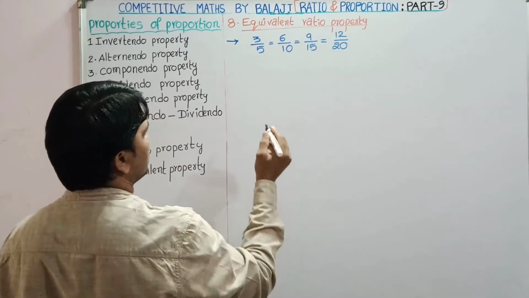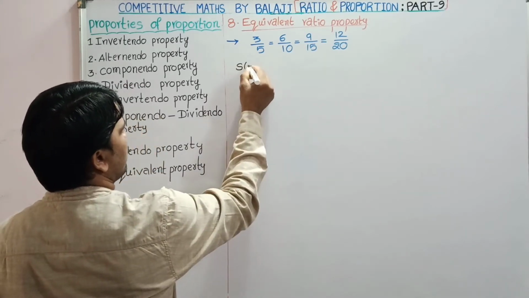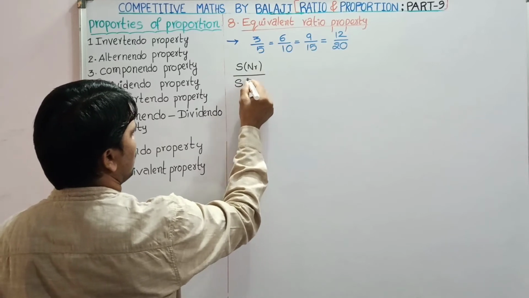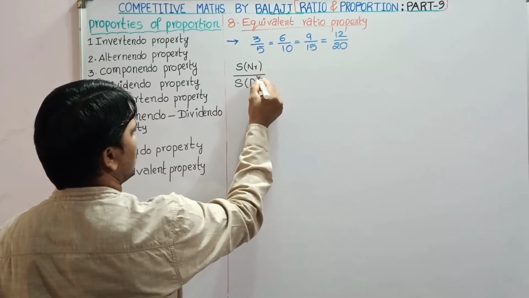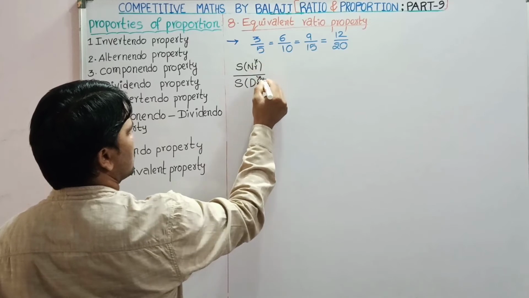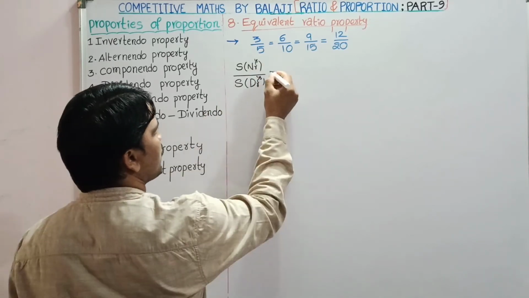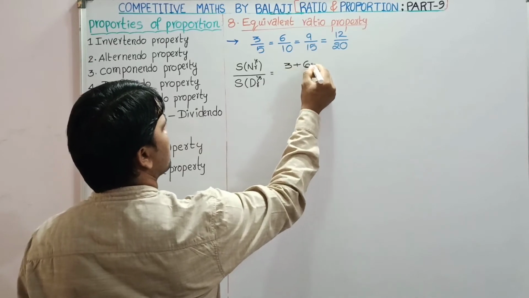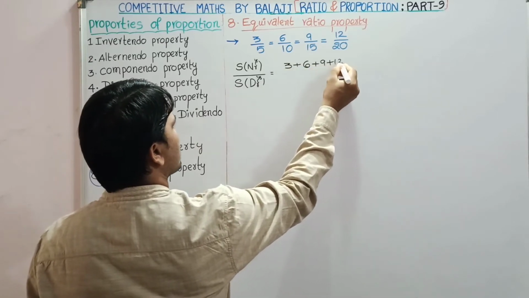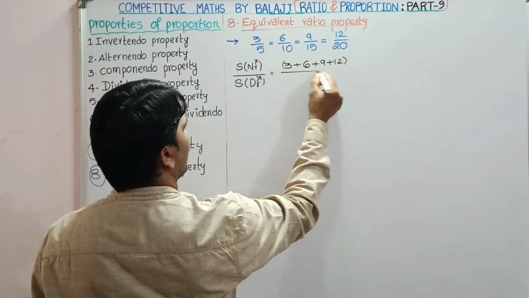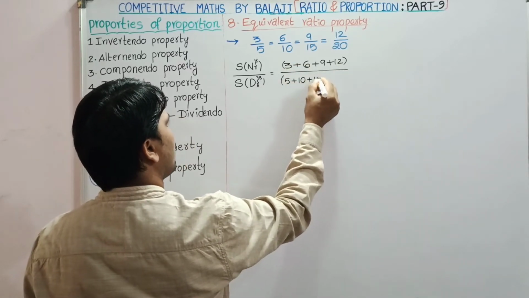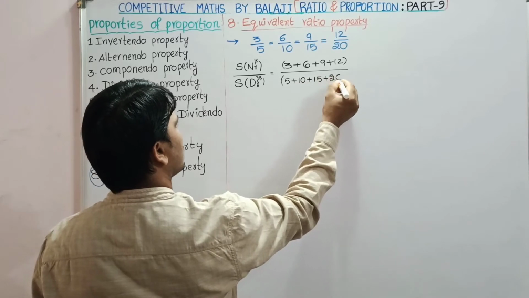Now consider the sum of numerators over the sum of denominators. That is 3 plus 6 plus 9 plus 12 over 5 plus 10 plus 15 plus 20.